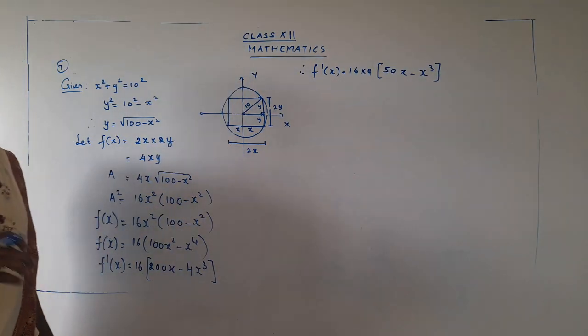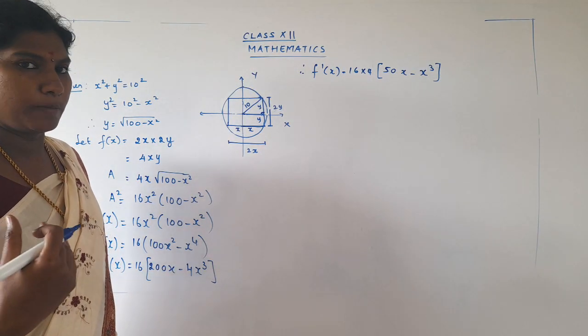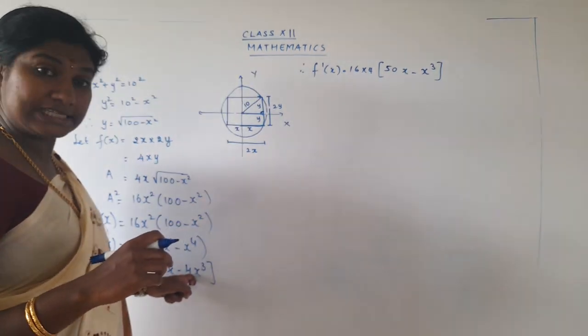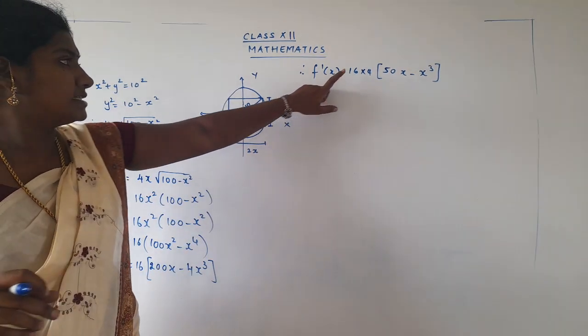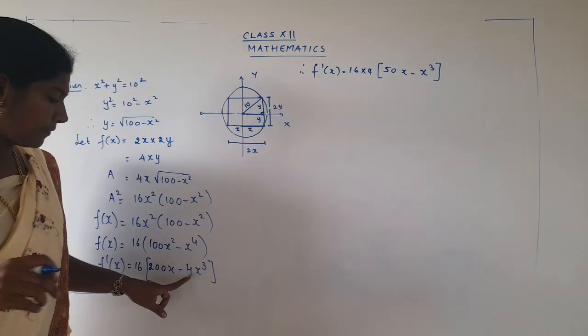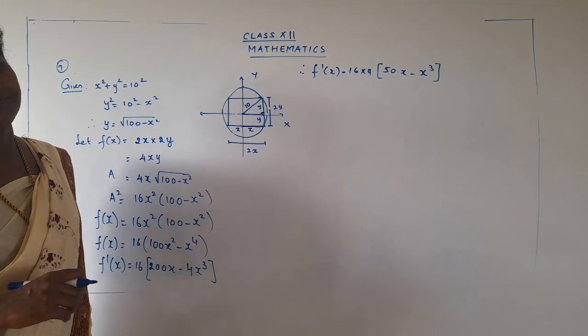I've just taken the constant common. I have not taken x common. I have just taken the constant 4 common. So I get 16 into 4 into 50x minus x cube.